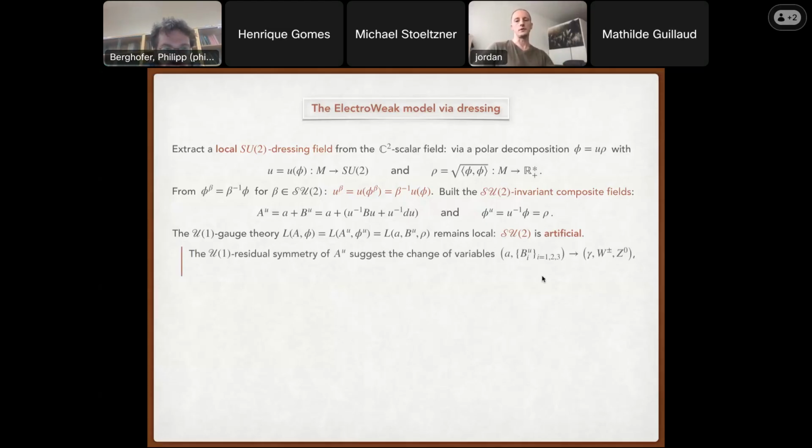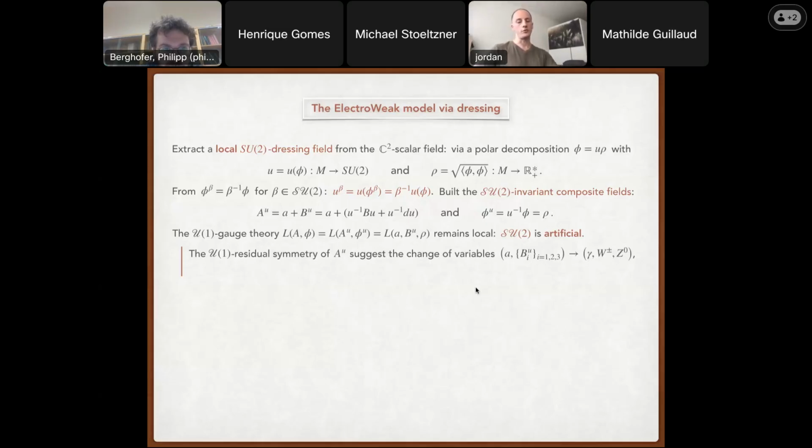In the gauge boson sector, going from A to the three dressed B objects to extract one more invariant object, fully invariant, because we have one fully invariant, which is the modulus square of the field. This is one totally U1 cross SU2 invariant object. But now you have another one, which is the Z. You have one U1 connection, the gamma, and you have two tensorial U1 objects, which are the W's.